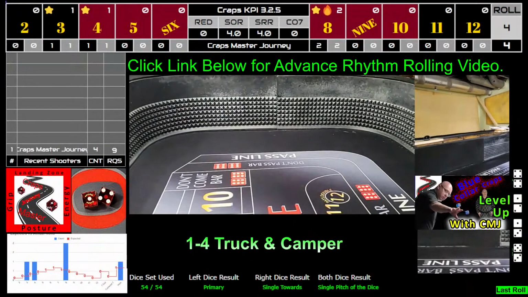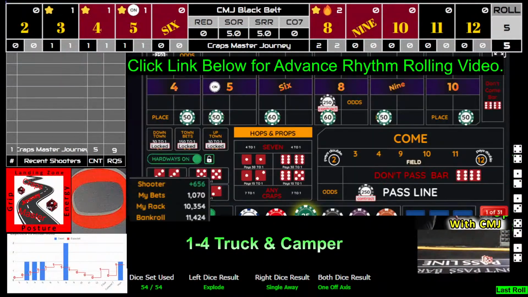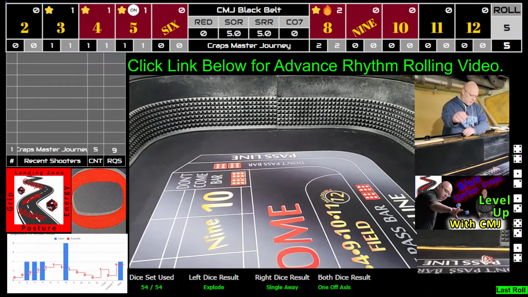Again, a left eye off axis, single pitch on the right side. And all of our bets are turned back on now. We're at 320 across. We have a 250 pass line bet, 250 come bet, and 250 DC on the 4.